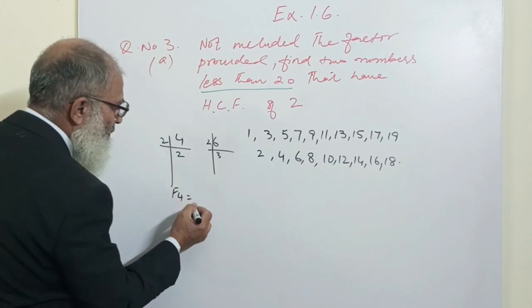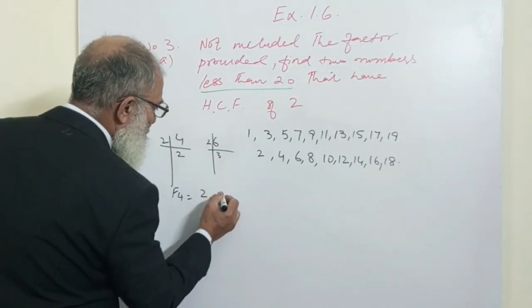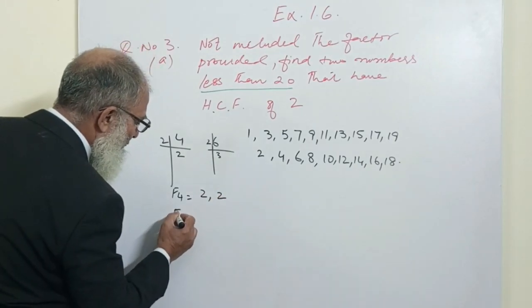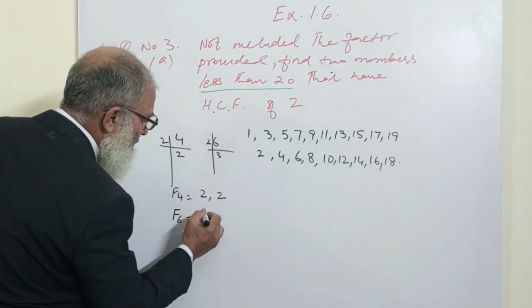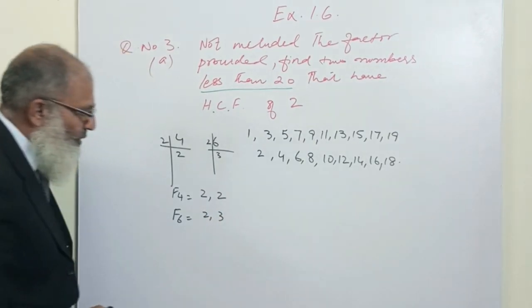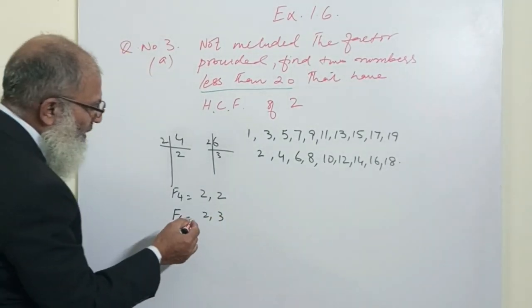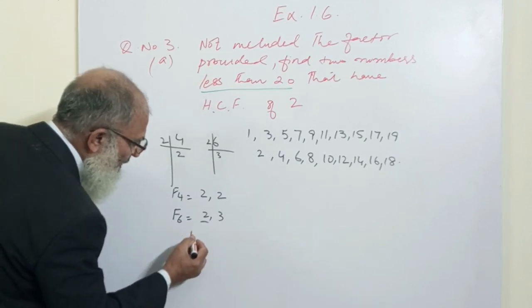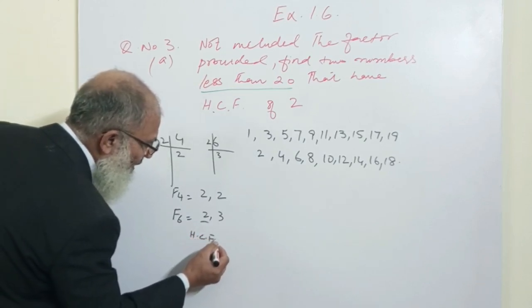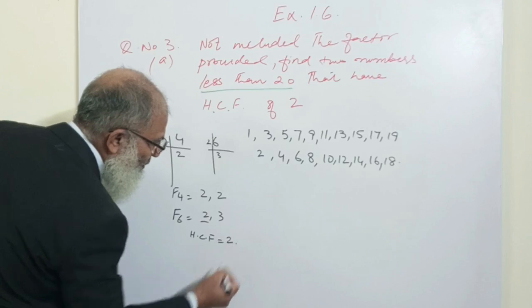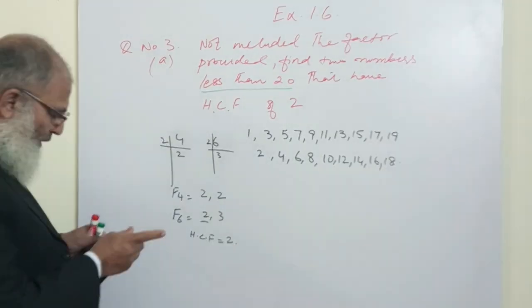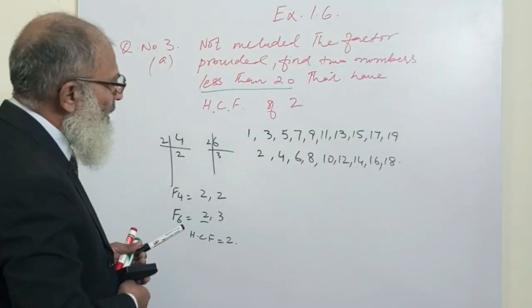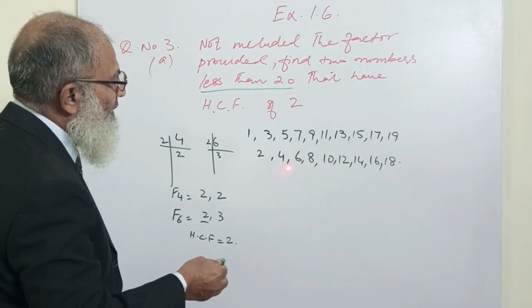F4 is 2 and 2, and F6 is 2 and 3. Now my dear students, you see that 2 is the highest common factor. HCF is equal to 2. So we come up with the numbers 4 and 6.